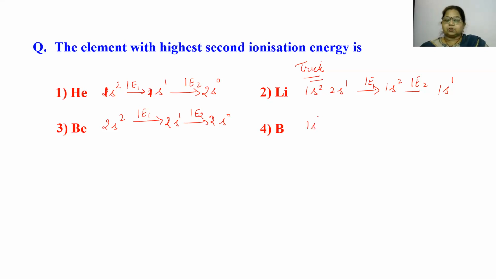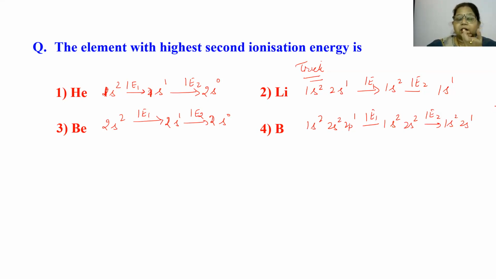For boron, boron is 1s2, 2s2, 2p1. So after giving out IE1, it will be 1s2, 2s2. Giving out another one, we'll make it 1s2, 2s1, right? So what can we conclude?